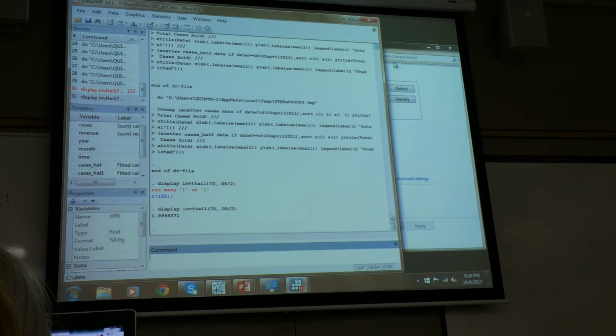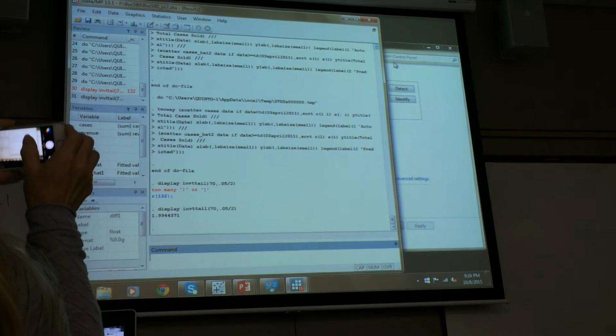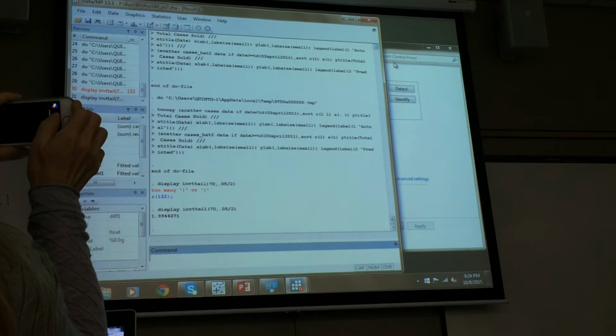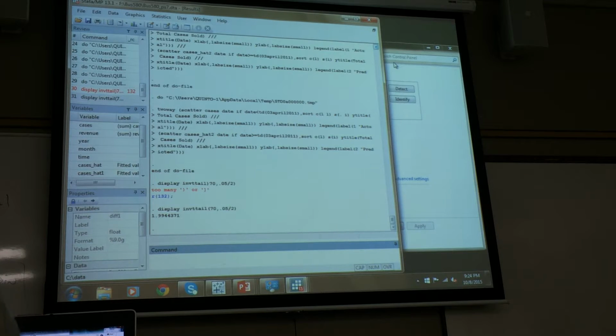Did the actuals come within our margin of error of our predicted? Confidence intervals aren't always two-sided, but because we have a two-sided confidence interval, we divide that by 2.